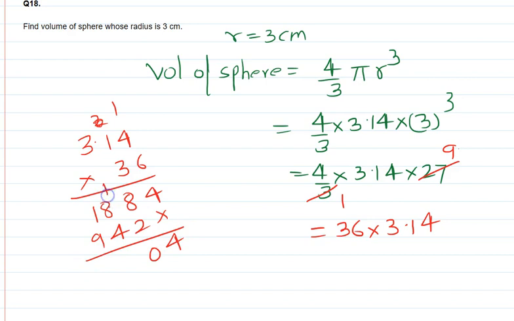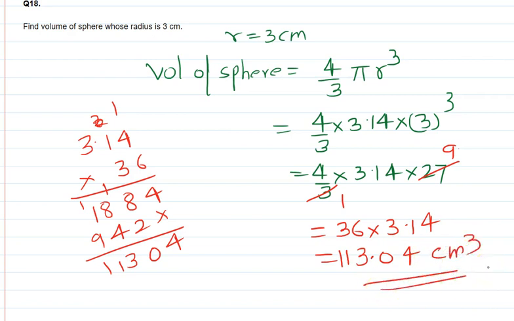Carry 1. 8 and 1, 9 and 4, 13. Carry 1. 9 and 1, 10 and 1, 11. 11304. And the point is after 2 digits, so you can put the point here. So 113.04 centimeter cube. That will be the volume of the sphere.